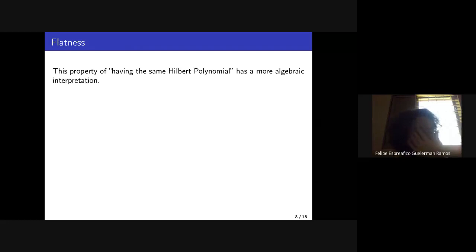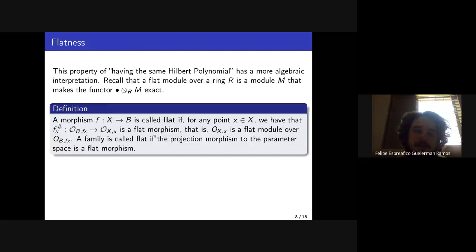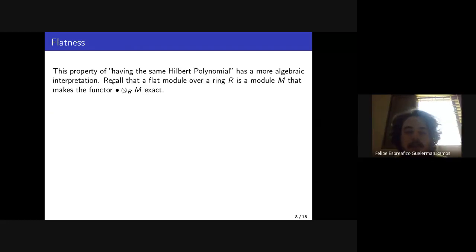So now this property of having the same Hilbert polynomial has a more algebraic interpretation, which is called flatness. So a flat module over a ring is a module that makes this functor exact.